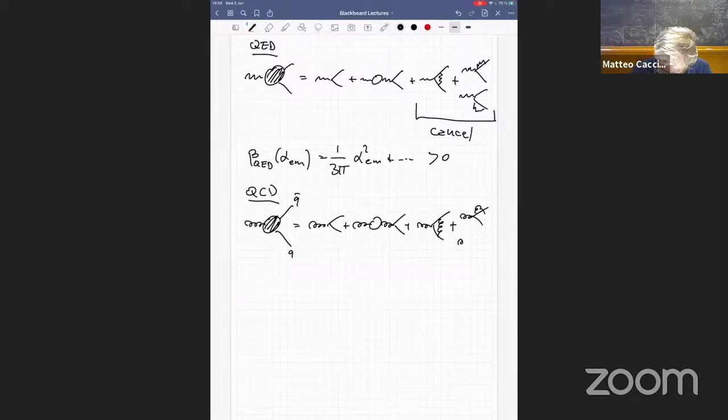These are essentially the same diagrams, as you can see. I'm just replacing the photon by a gluon. These are the abelian diagrams. If QCD stopped here, it would be just a replica of QED.